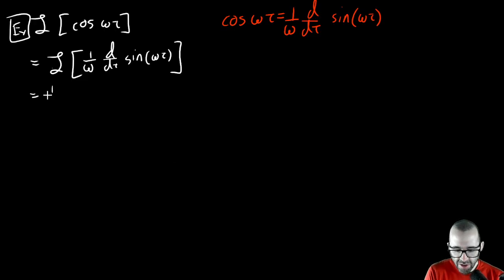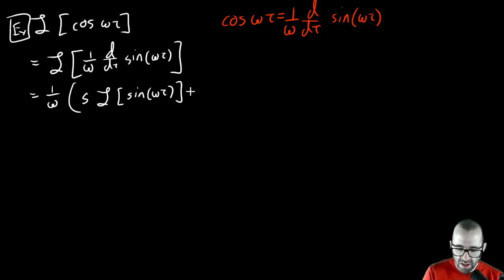It's a linear operator. The 1 over omega comes out in front. How do we take the Laplace transform of a function, or of the derivative of a function? It's going to be s times the Laplace transform of the original function, which we just found, by the way, minus the initial condition. What's the initial value of sine of omega t? It's 0.